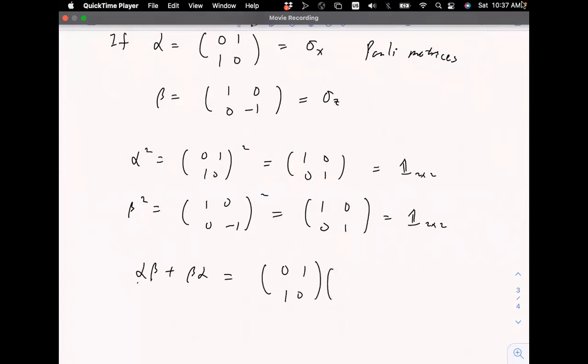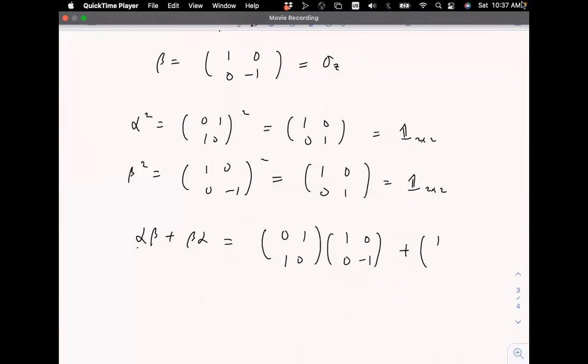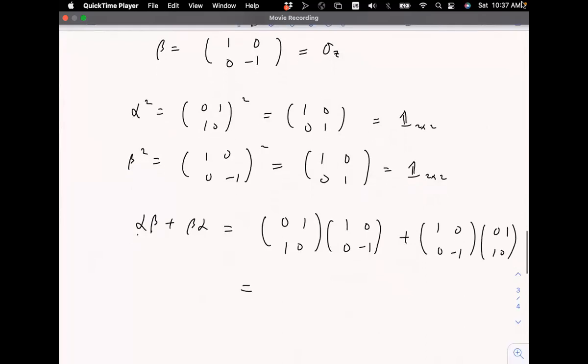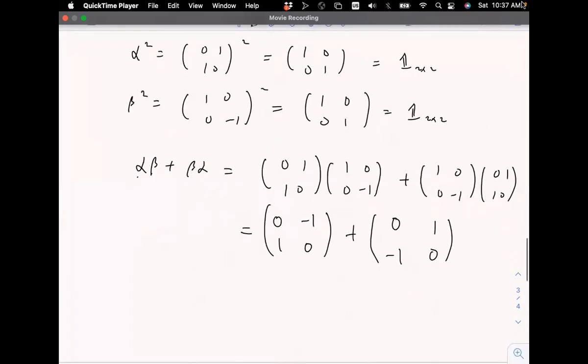Let's quickly do it then. It's pretty straightforward. Plus. Okay, then what is this? This is 1. This will be 0, 1, and then -1, 0. Okay, this will be 0, -1, 1, 0. So you get 0.